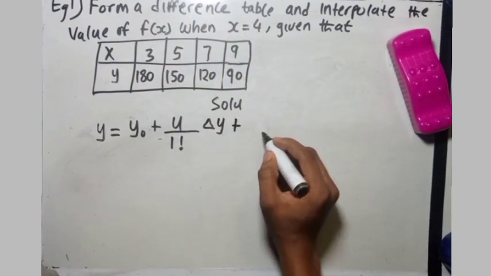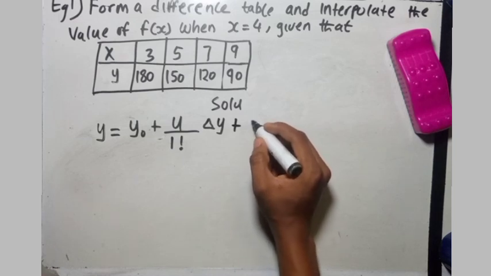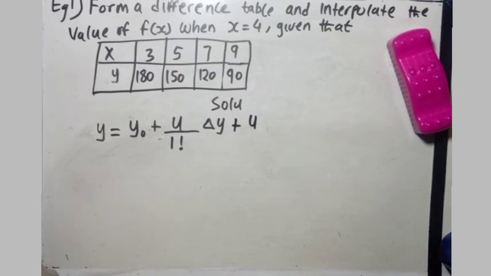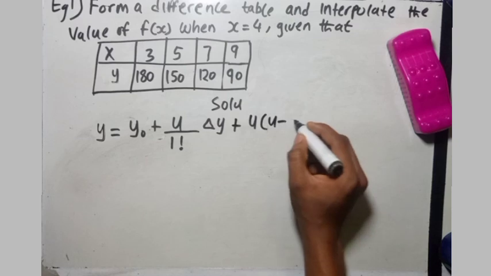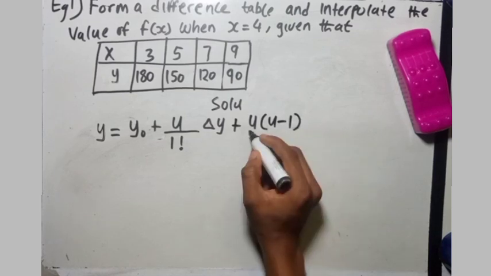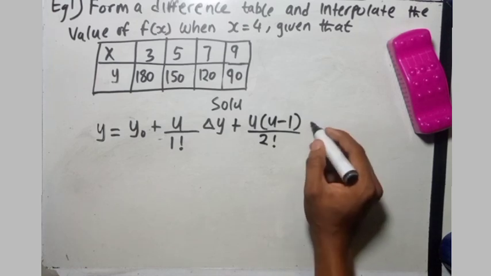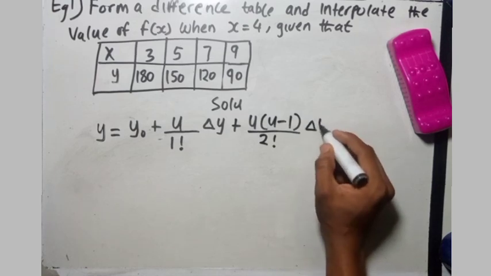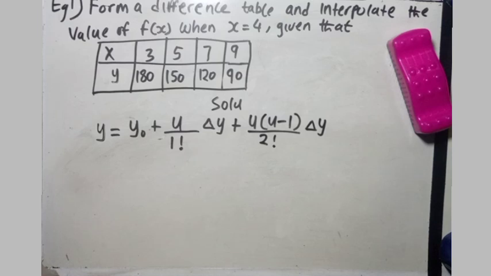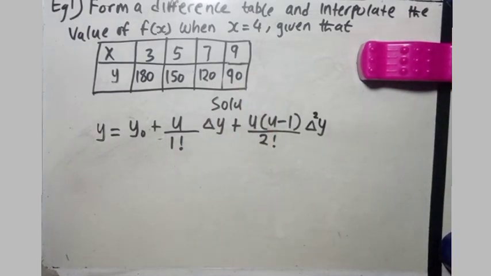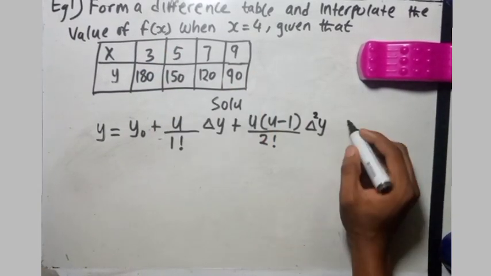Then we'll add another term, but this time we'll be multiplying u by u minus 1, over 2 factorial, multiplied by the change in y. But this time our change will be the second change. This will be fully explained when we are doing our difference table.